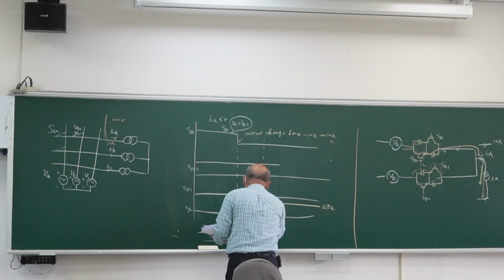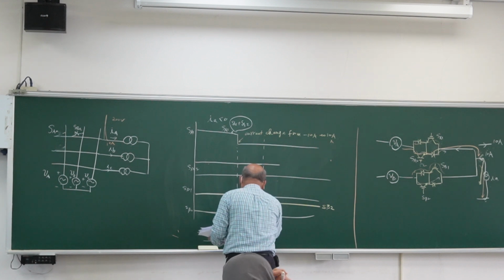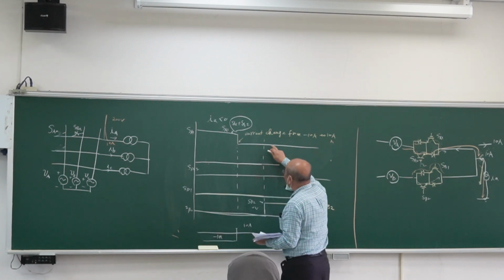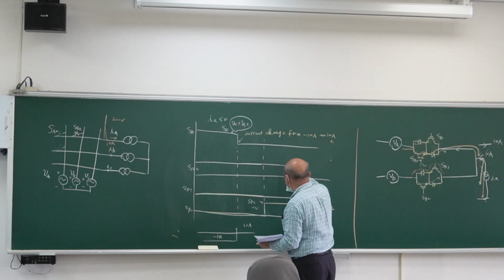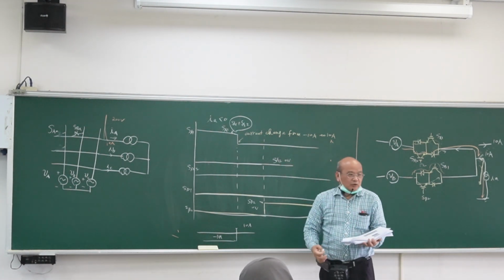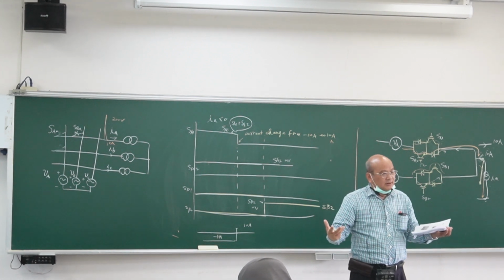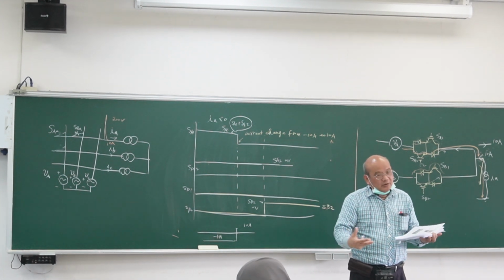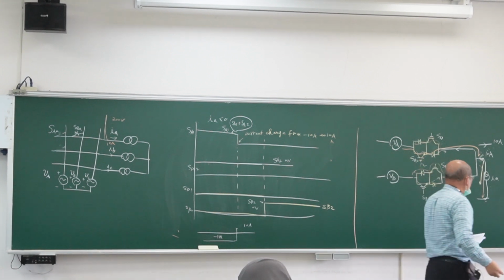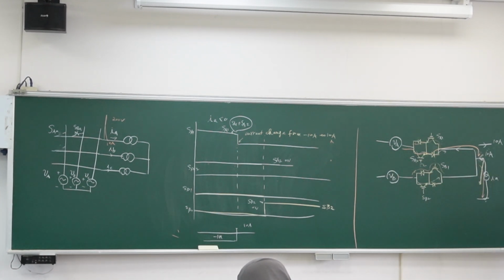So SP2 on. And then how about SA2? Still on. SA2 on. So two switch turn on, right? If two switch turn on, then what happens? You have 10 ampere. This switch turn on, this switch turn on. What is the current? 5.